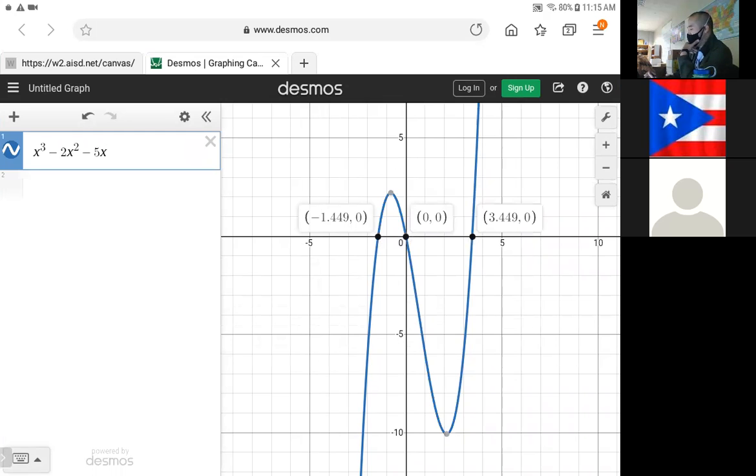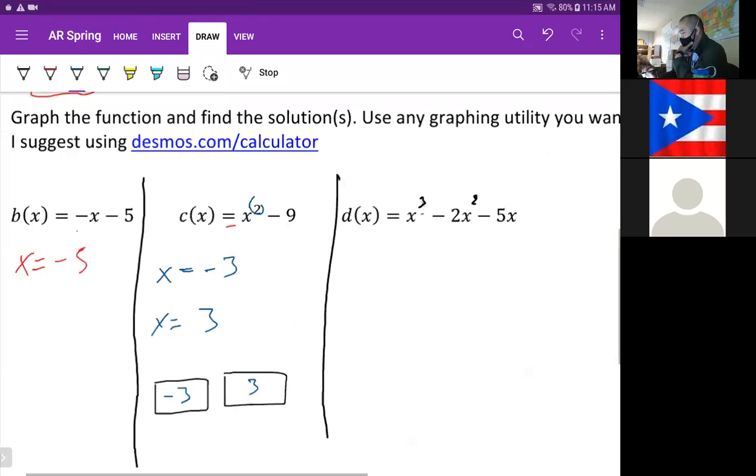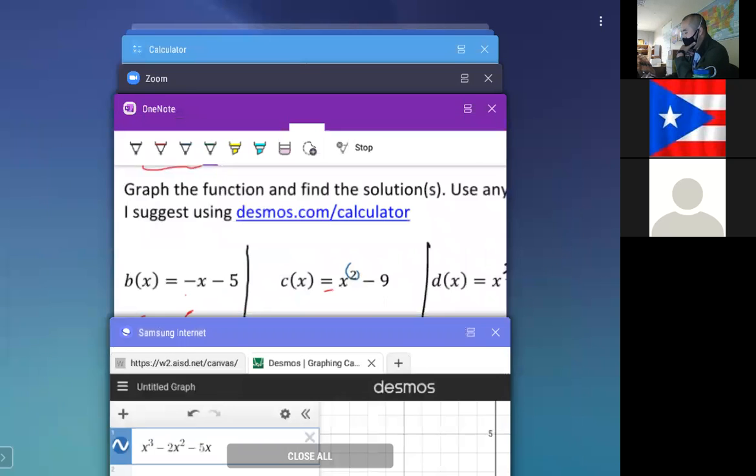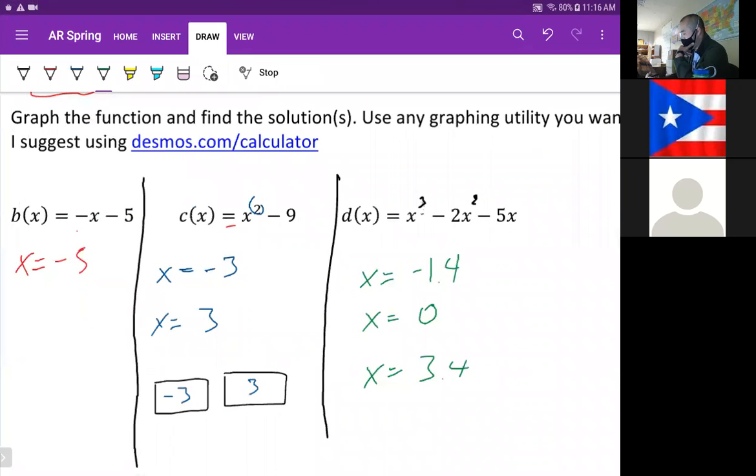So 3 solutions: -1.4, 0, and then 3.4. And then round to the tenth. So this is what your answer will be. Don't put fractions in there. If you use PhotoMath, it gives you fractions, I think.